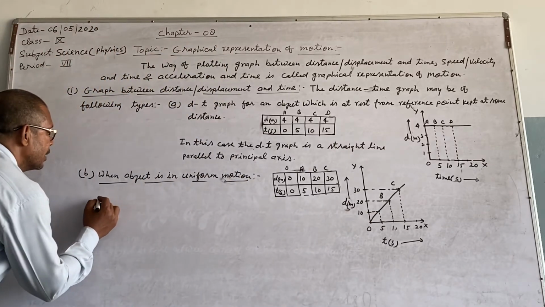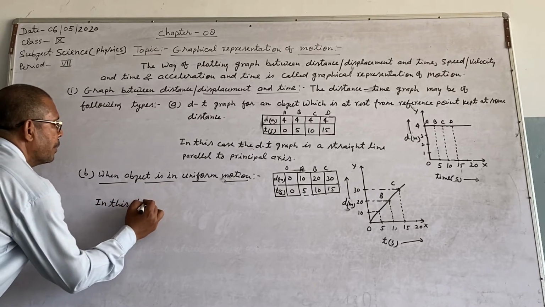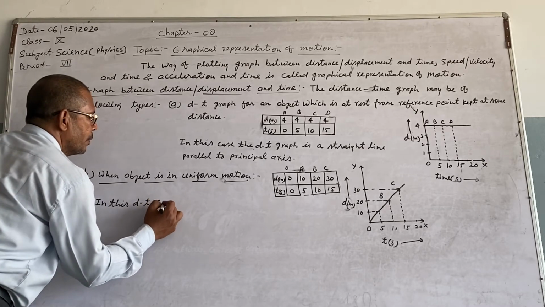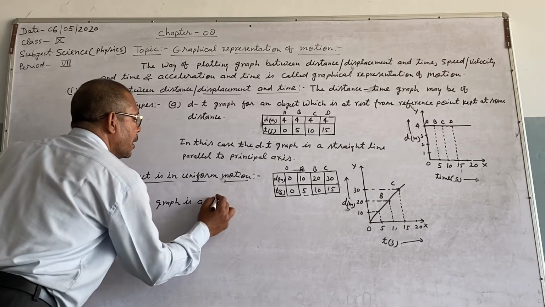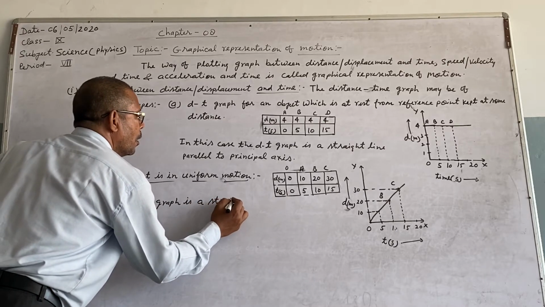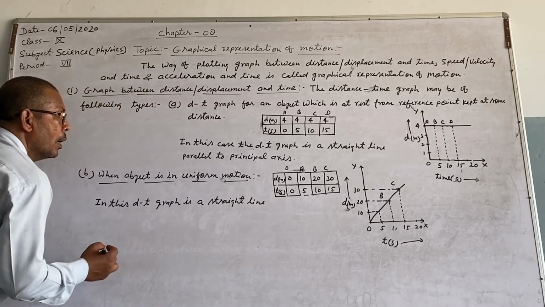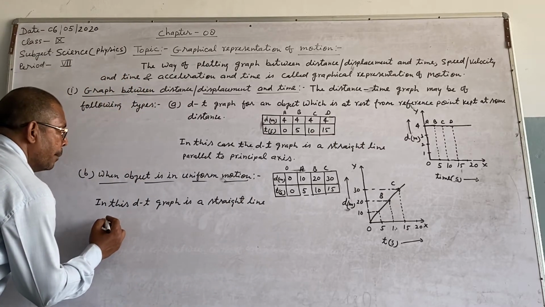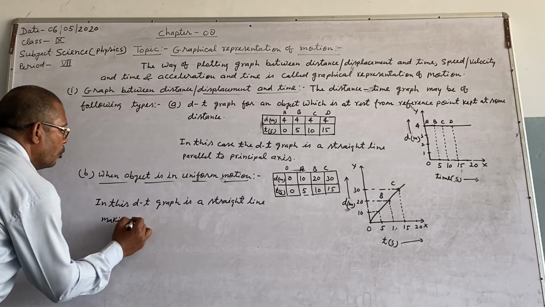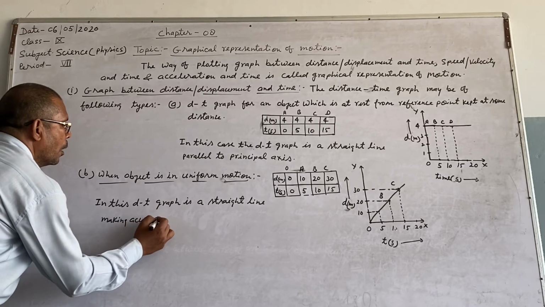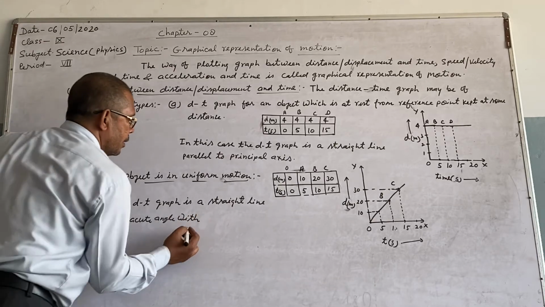In this case, distance time graph is a straight line making acute angle with time axis.